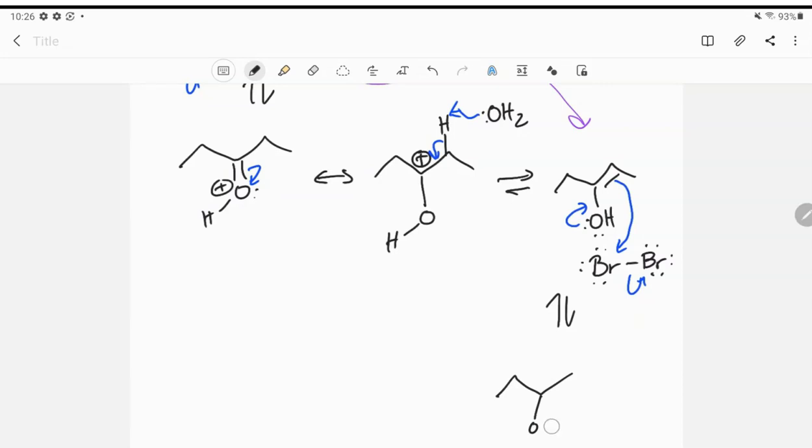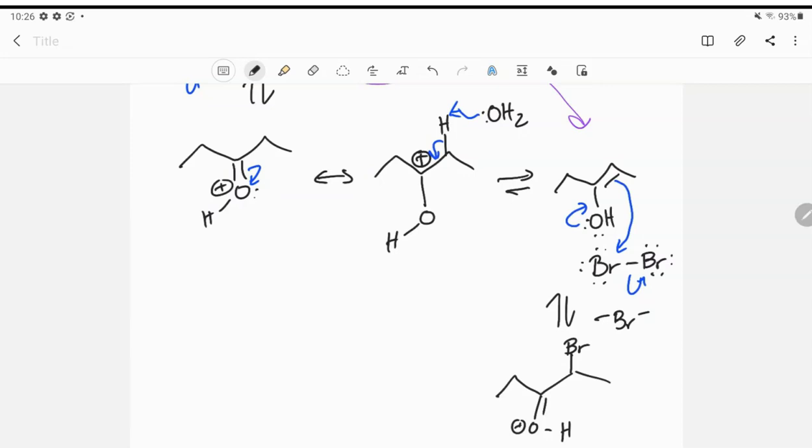Oops, this should be the double bond. That's the ugliest H I've ever seen. Alright, so we will now have a bromine on this thing. We lost a Br minus.